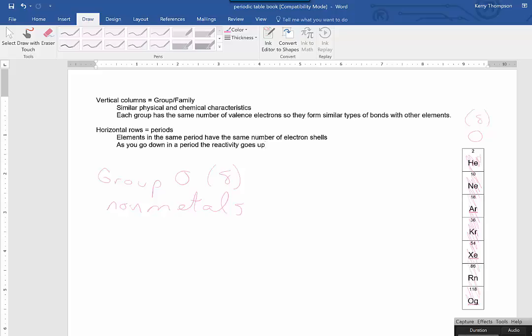These are the noble gases. They are odorless and colorless. They have very low chemical reactivity.